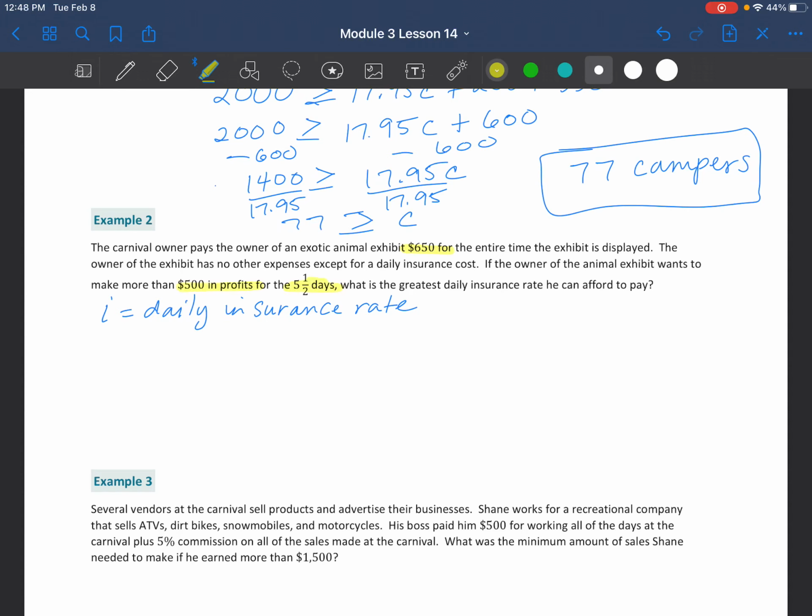Okay. And we've got the animal exhibit, right? The owner pays $650. It's for 5.5 days and they want to make a $500 profit. All right. So if we look at what our inequality could be, if we want to make a $500 profit, it could be more than $500.